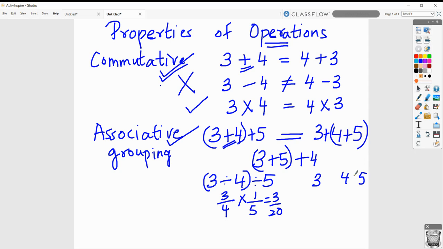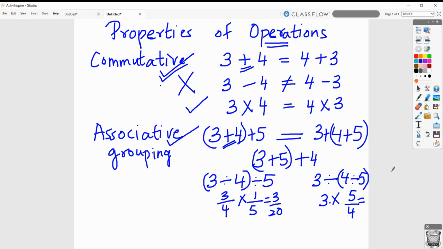Now let us take the grouping where 4 divided by 5 is done first. Now I'm grouping in a totally different way. 4 divided by 5 will give me 4 by 5. Later on, I will do 3 divided by this. When I do 3 divided by this, it will change to a multiplication with the reciprocal, as you all know. So 5 by 4 it will become.